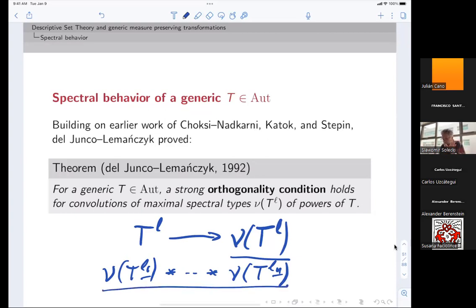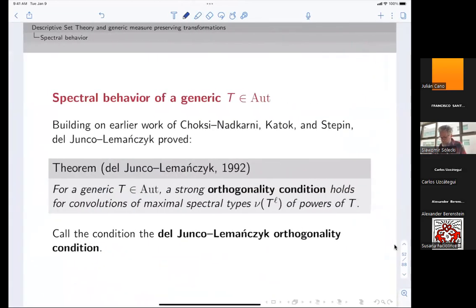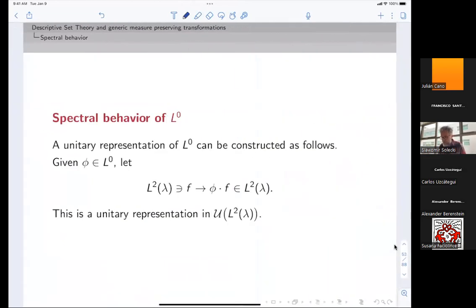And one gets one convolution and another convolution. And it turns out that except for the trivial situations, for a generic T, these two convolutions will be orthogonal. The trivial cases are when one sequence of powers is just a permutation of the other sequence of powers, in which case we get the same measures. So this is what we get for the strong orthogonality condition of Del Junco and Lemańczyk. I'll just call it the strong orthogonality condition.